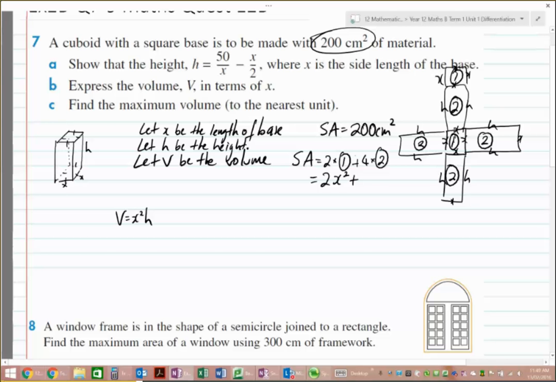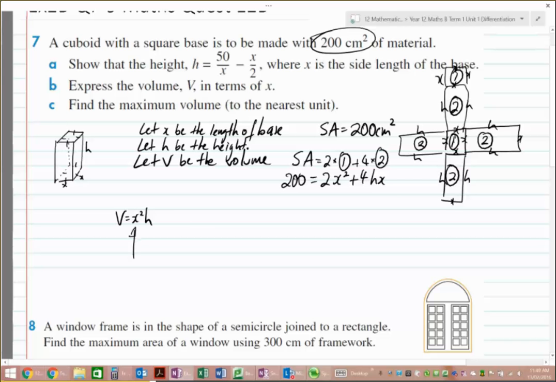Probably hx, put it the other way around. hx, and I've got 4 lots of them. So that's my surface area. And I also know that the surface area is 200. So there's my relationship between x and h, which I'm going to somehow rearrange and put in here.